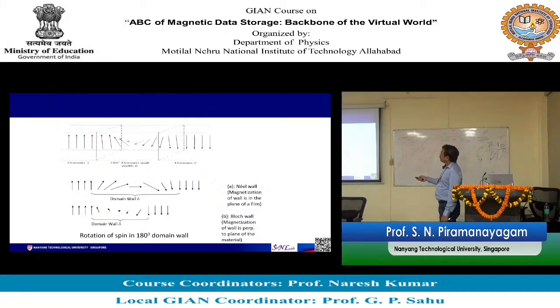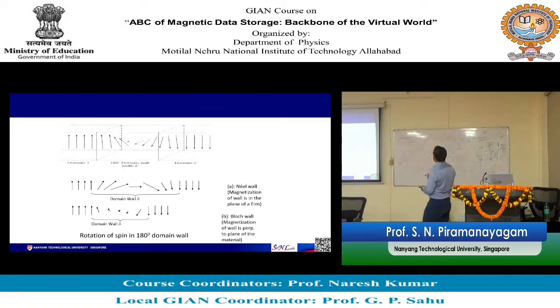But if you look at the spins in the domain wall, some spins are away from the easy direction. So, there is some anisotropy energy. We have to spend some energy to keep the magnetization away from the easy direction.